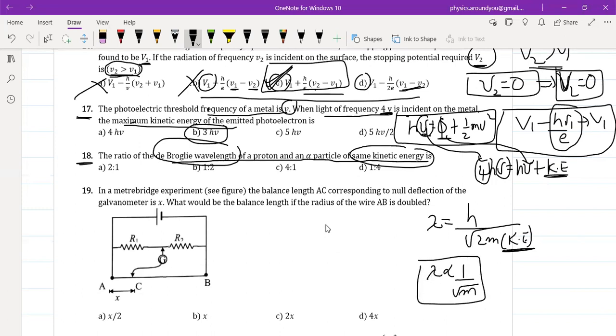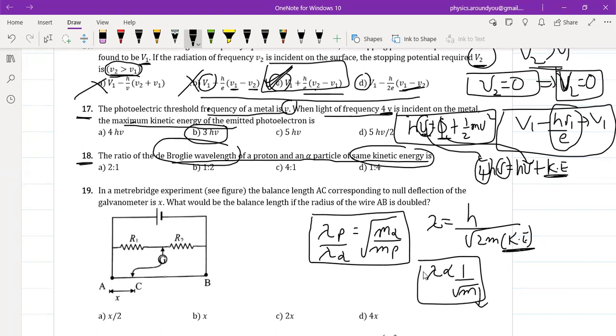When I divide lambda of proton by lambda of alpha particle, it should be equal to square root of mass of alpha particle by mass of proton. This is a relation. Well, so if mass is less, lambda is more.